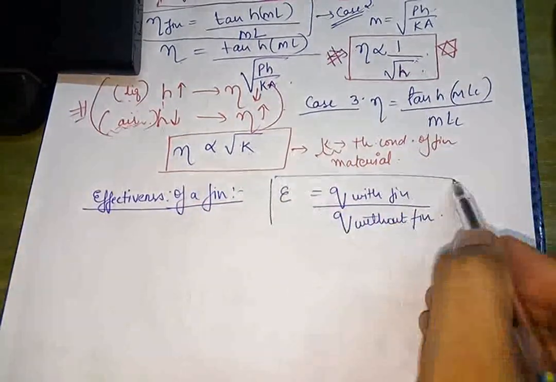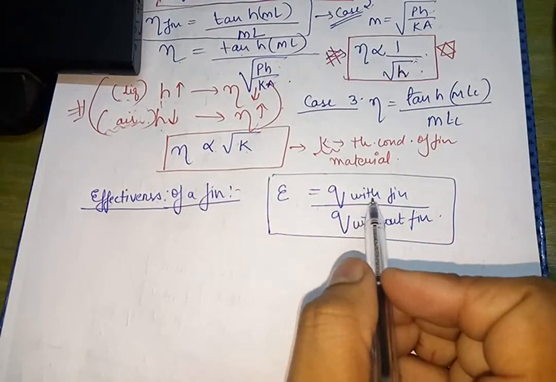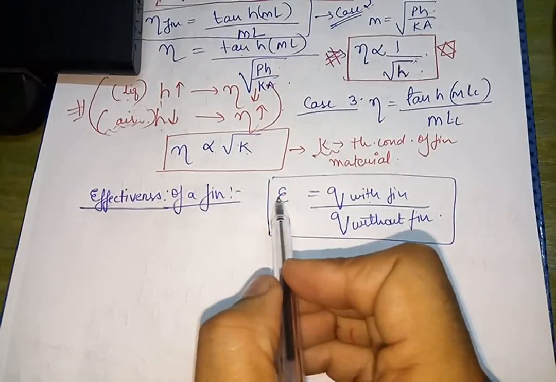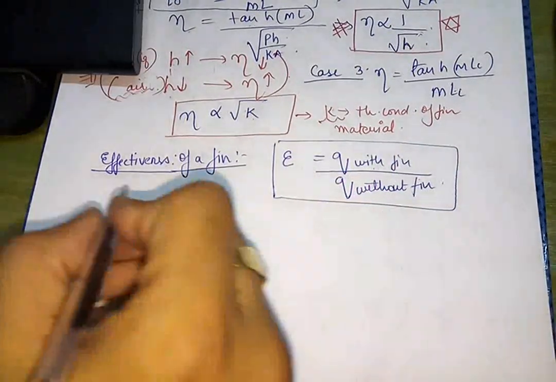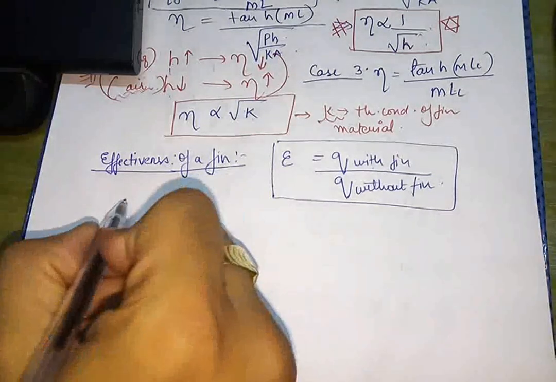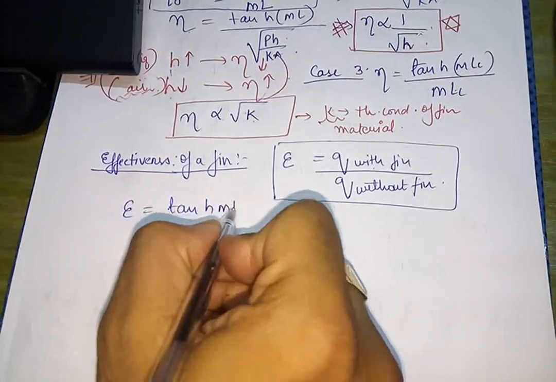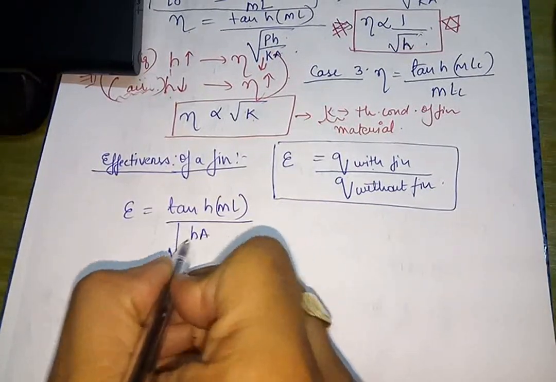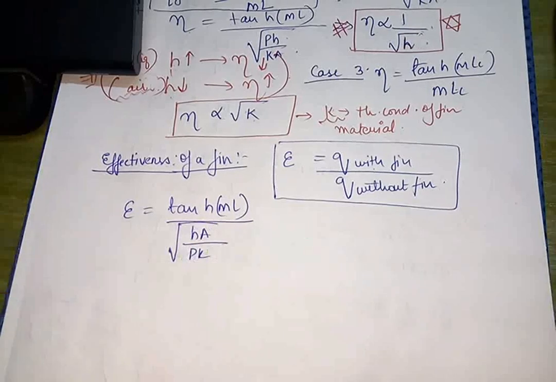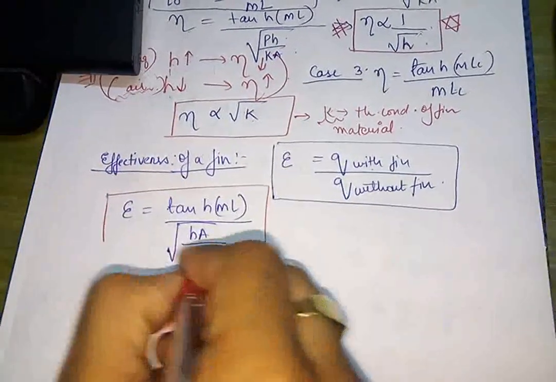So this is the physical meaning of the effectiveness of fin. I am directly writing the formula: epsilon equals tanh(ml) upon under root hA upon PK. This is the formula for effectiveness of the fin.